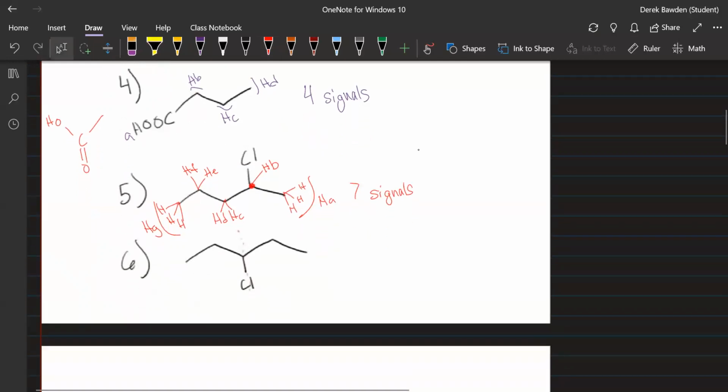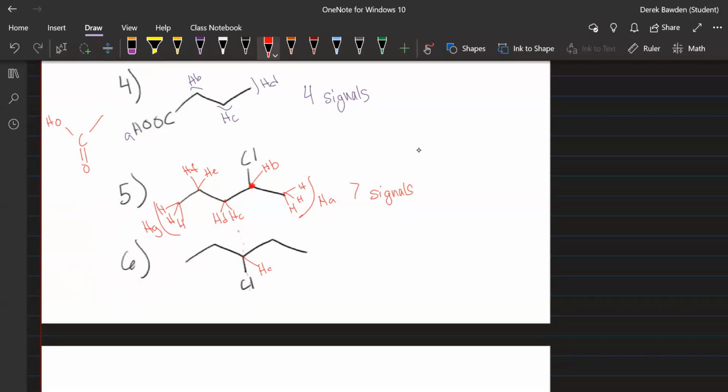All right, moving on to this next one. So we do have a potential stereocenter here, but these two carbon groups are identical to each other. And there's also a plane of symmetry. So there's no stereocenter. Our CH2s will show as one peak each.